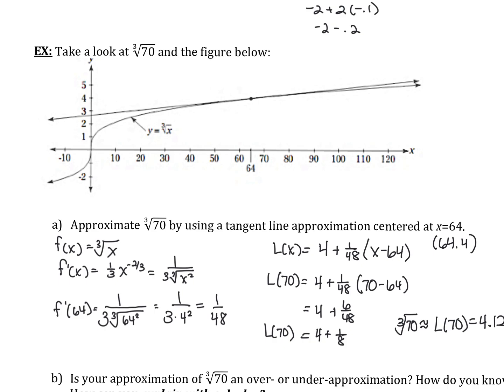Now, turn to a neighbor and talk to them about how you would explain using calculus. And we have a picture, so we can obviously tell. How could you explain using calculus that 4.125 is not quite right, how would you explain if it was over or under the actual value? So hit pause, try that, and then come back.